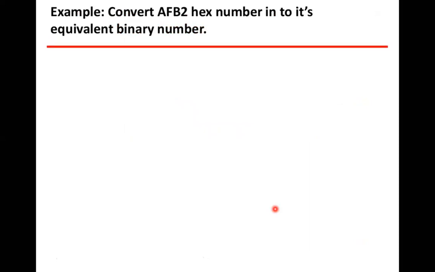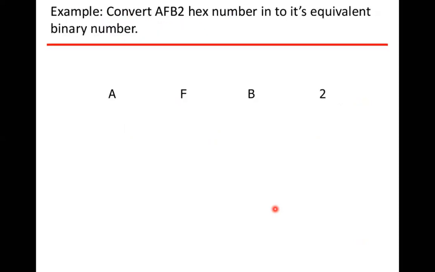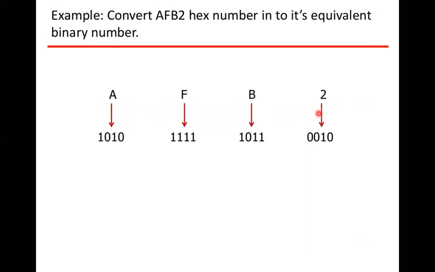Okay, let's have an example. Convert the AFB2 hex number into its equivalent binary number. We write the digits separately: AFB2. What is 2? 2 is 0010. What is B? 1011. F is the 15th number, so 1111.